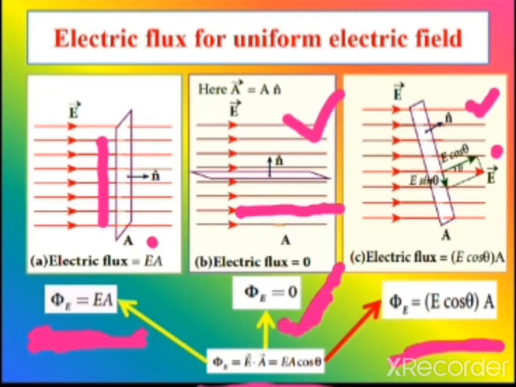So these are the three concepts of electric flux for a uniform electric field: normal, parallel and inclined. The general expression is phi equals EA cos theta, or E vector dot A vector. Do you understand, students? Thank you.